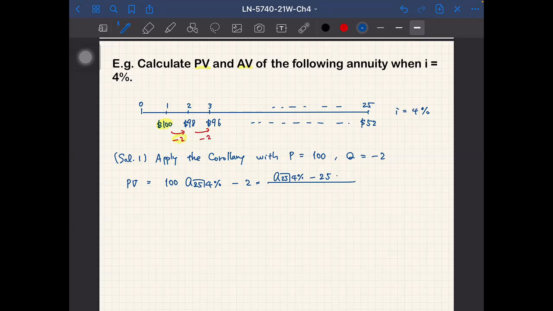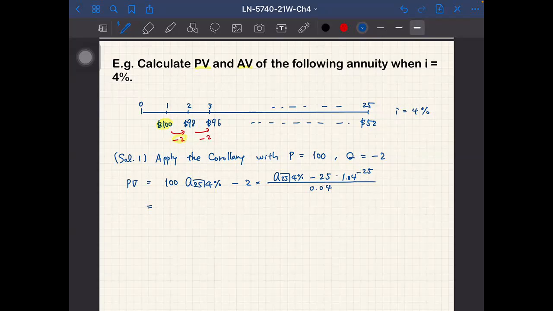So v is 1.04 to the power -1, so 1.04 to the power -25, over i, where i is 4%, so 0.04.